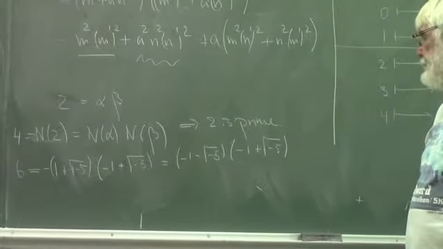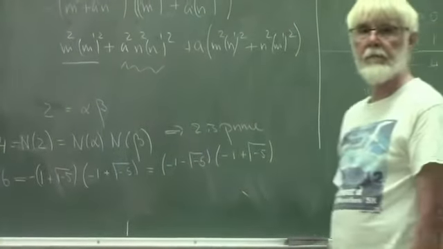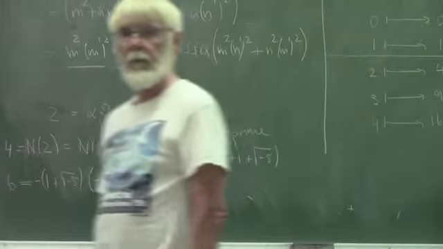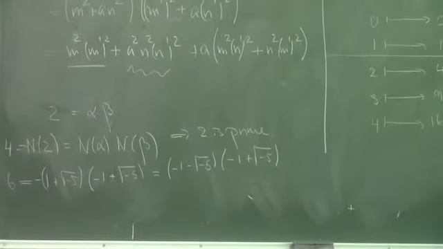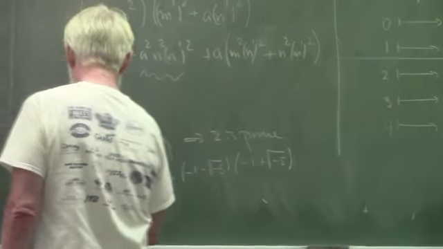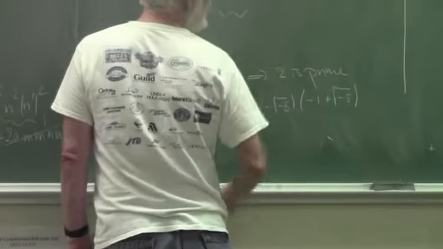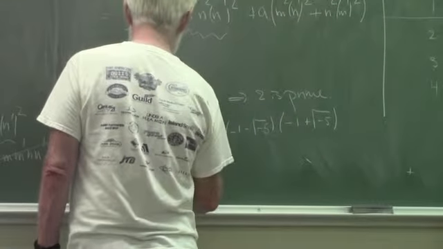I think there's a discrepancy in what we proved was prime for those two pieces. So n of 1 plus square root of negative 5, you calculated was 6.